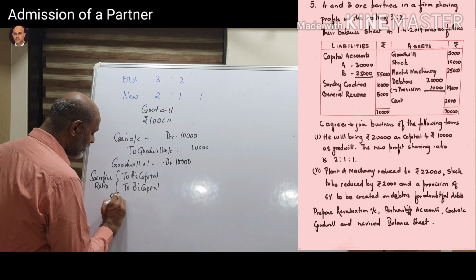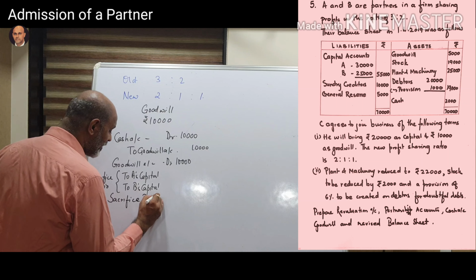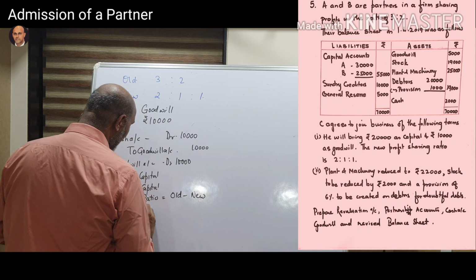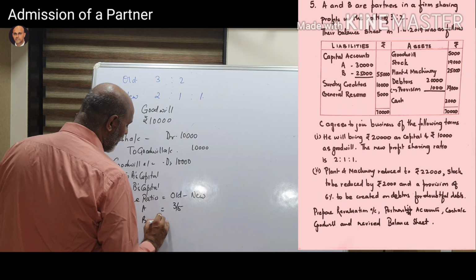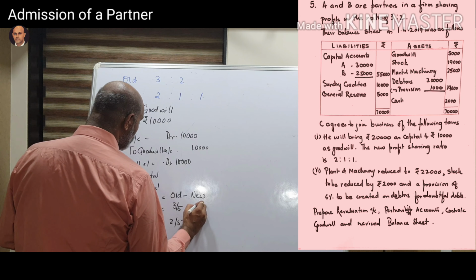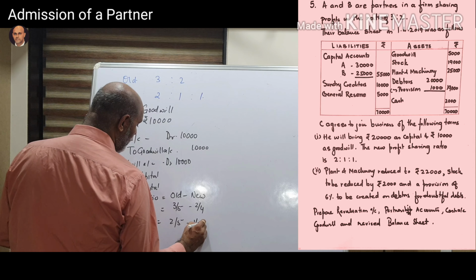How do you calculate your sacrifice ratio? Sacrifice ratio will be old ratio minus new ratio. For A, the old ratio was 3/5. For B, it is 2/5. Okay, and the new ratio for A is 2/4, while for B it is 1/4.